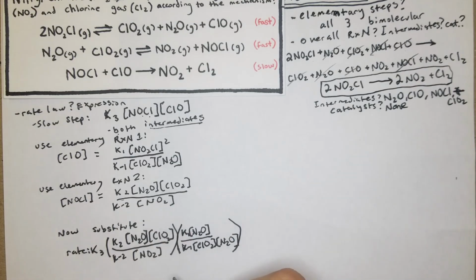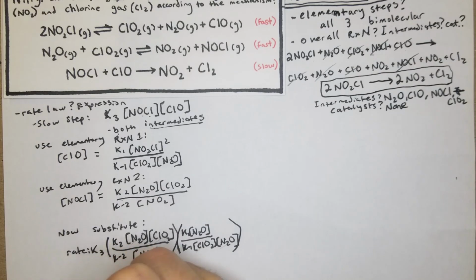And now, basically what we're going to do from here is just simplify. So what do we have the same? We have a few things the same. We have the NO2 here. We have N2O here. We have N2O here. We have the ClO2, N2O and O2, and we can break it down to the following.